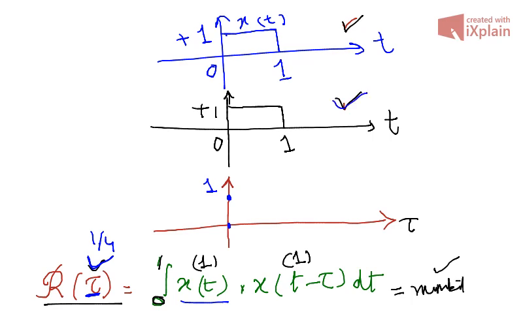So let me draw that delayed version. If I draw the delayed version of the signal by 1 by 4, this is half, so 1 by 4 would be a delayed version which starts from somewhere here and goes up to here. This is the period 1.